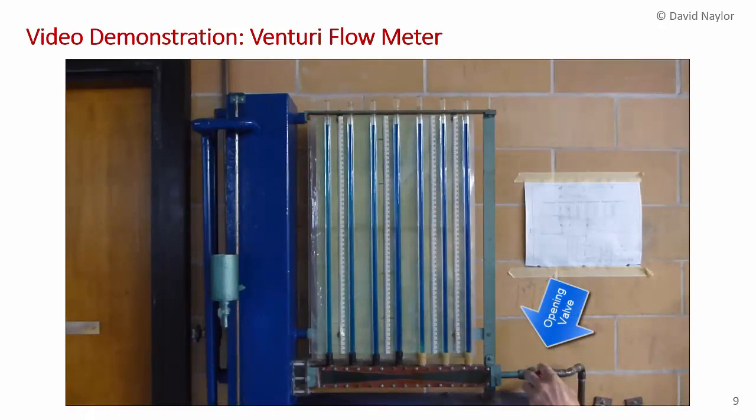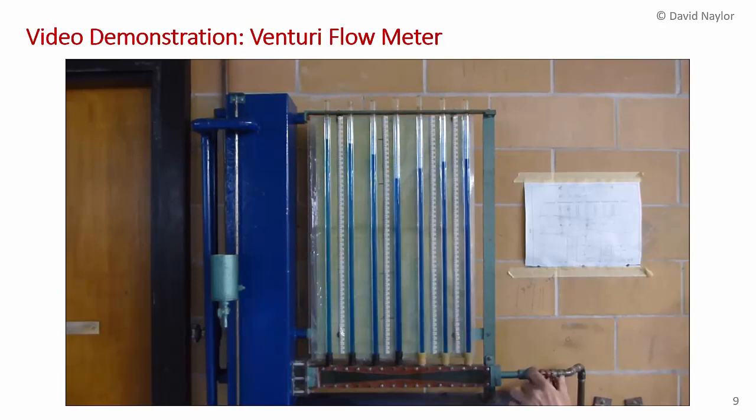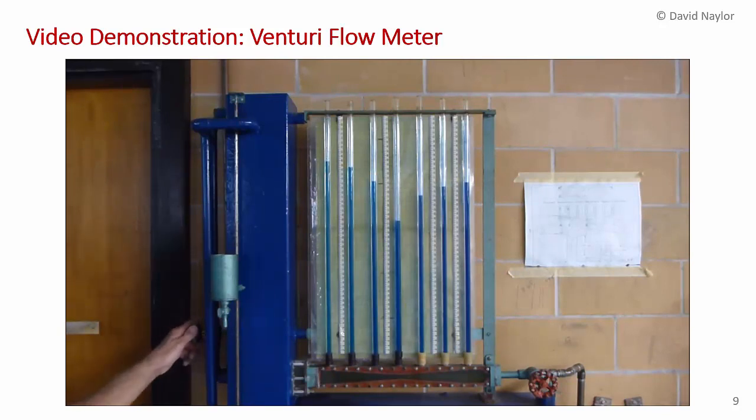So at the beginning here, I'm just opening that valve to let some flow through, and you'll notice the piezometer levels changing dramatically. Now you can see it's pretty much at steady state.